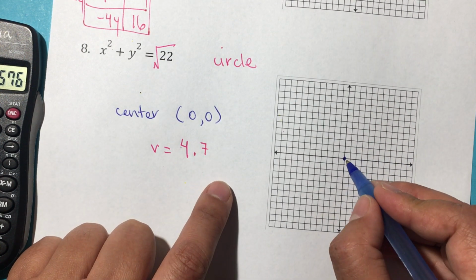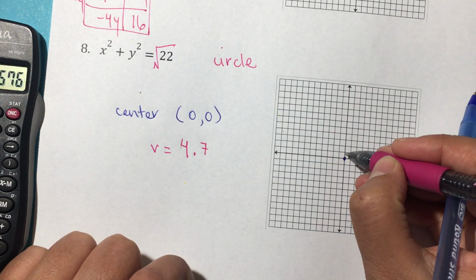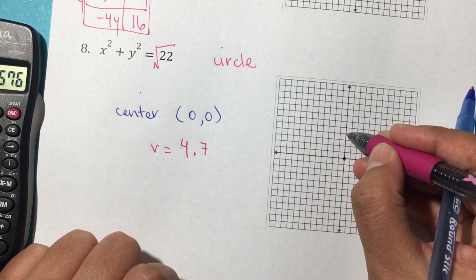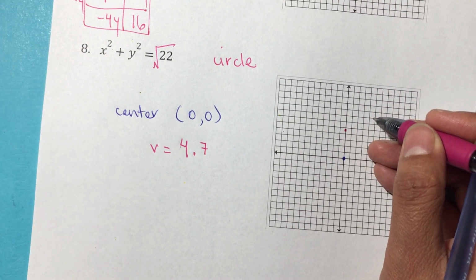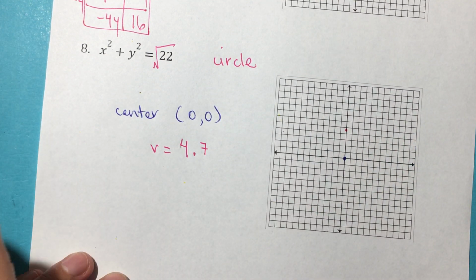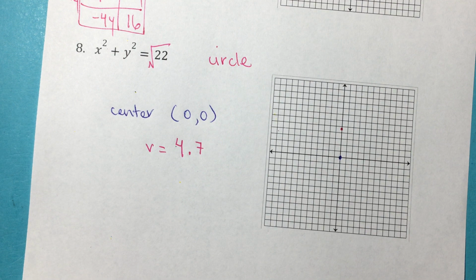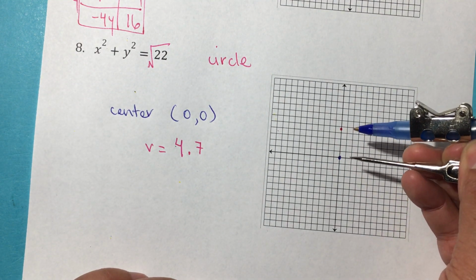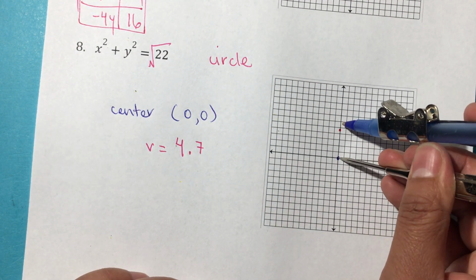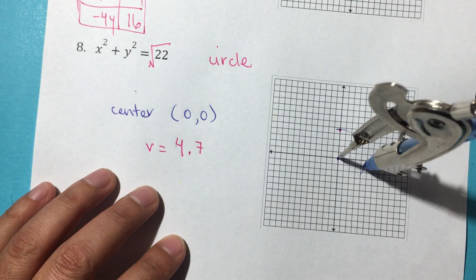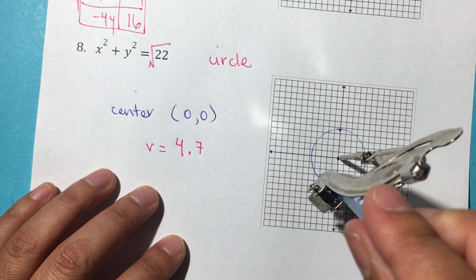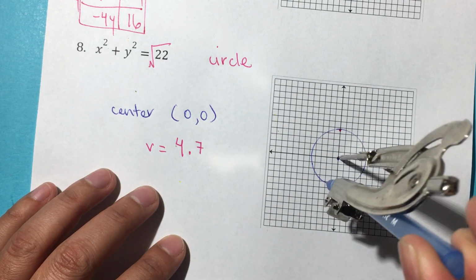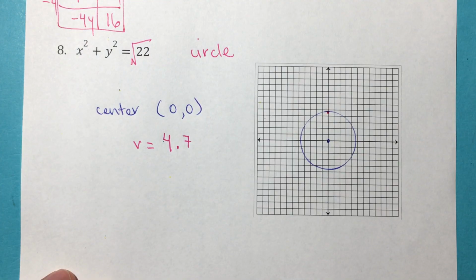And 4.7, it's 1, 2, 3, 4.7 is very close to, it's more than half, but less than the whole number. Okay, we open our compass. And there's our circle.